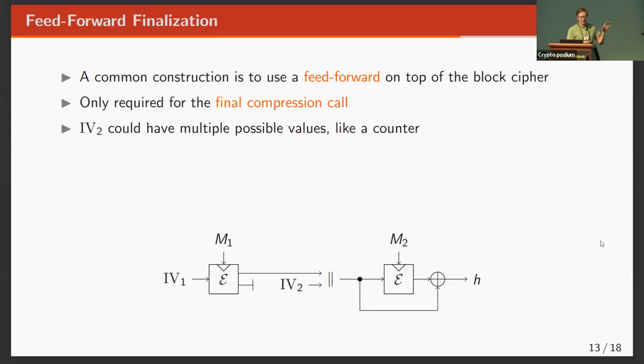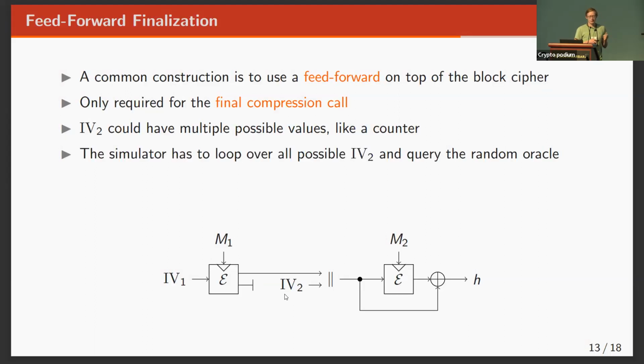And I said, oh, we have this IV2, but it's not necessarily a fixed value. To be more flexible, it can also be allowed to have multiple possible values. For example, a counter, which we will see later. But the simulator has to loop over all these possibilities in some cases and query the random oracle for every one.